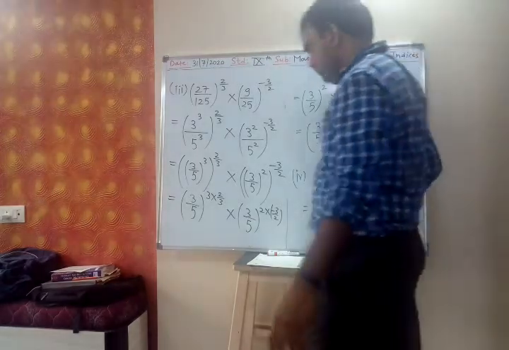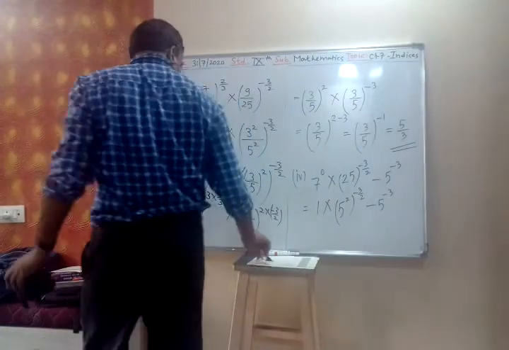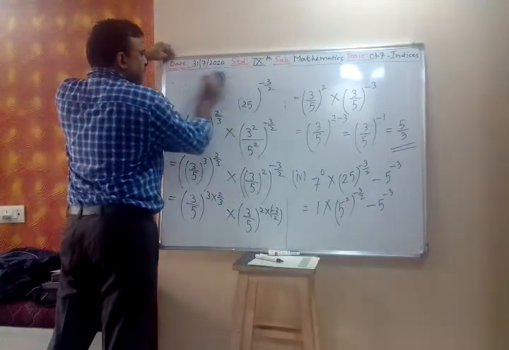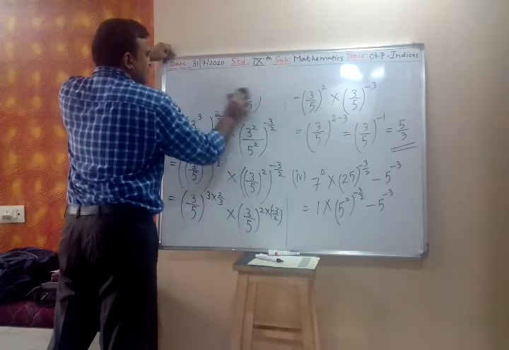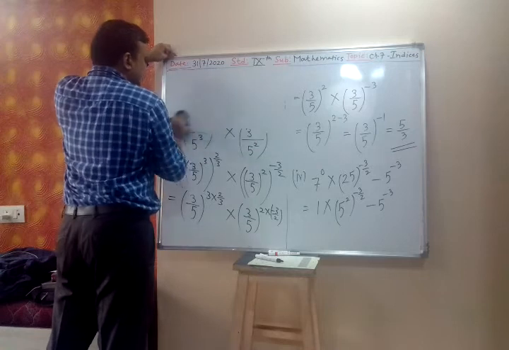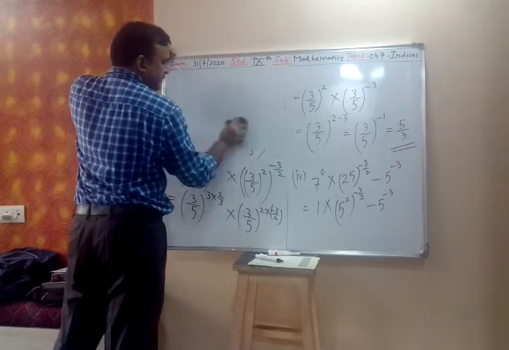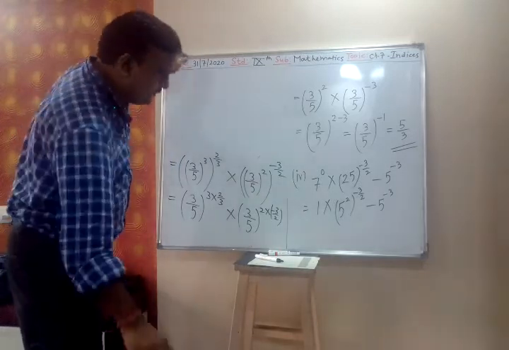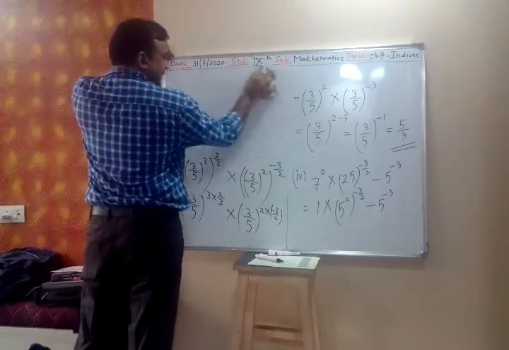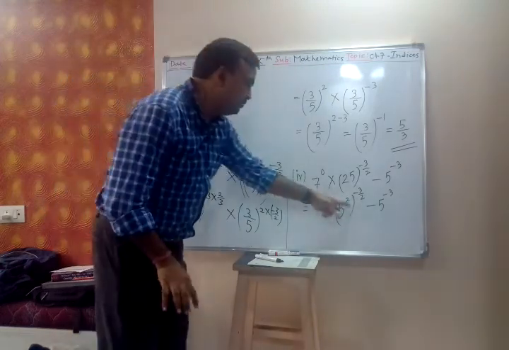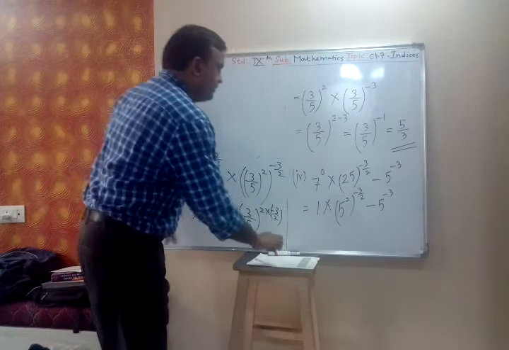So power raised to power, multiply the power. So what is that? 5 raised to 2 into minus 3 by 2. 2 gets cancelled. What is left? 5 raised to minus 3. So the answer is 0, because 1 into 5 raised to 2 raised to minus 3 by 2, it is power raised to power, you have to multiply the power.